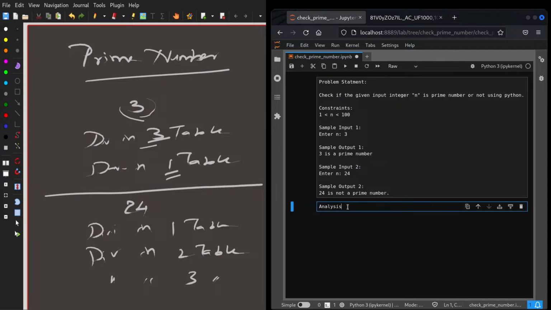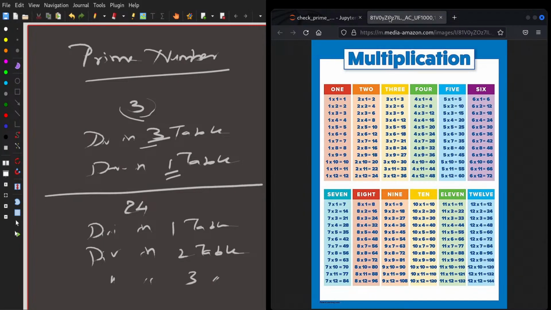Analysis: you need not check from the n plus 1th table onwards. This is one analysis. That means a maximum we will go till 3.